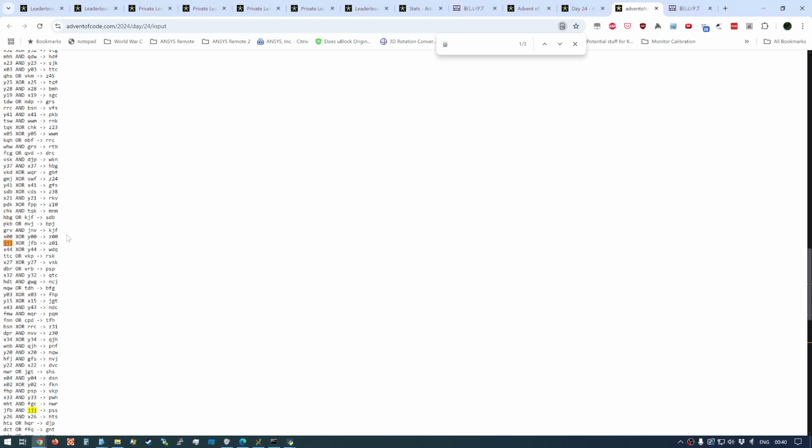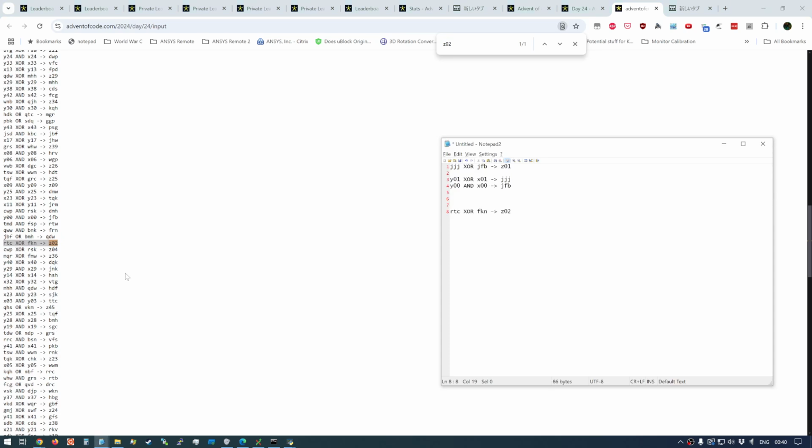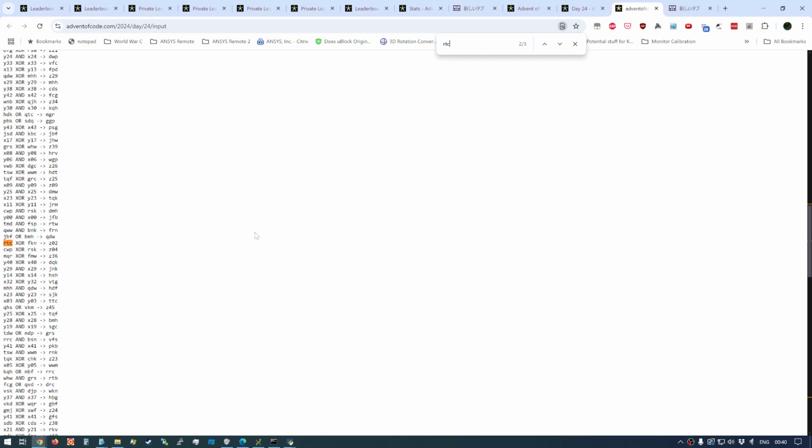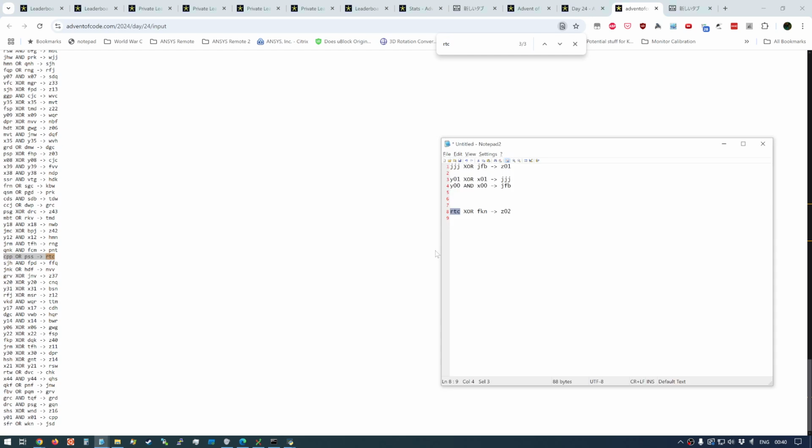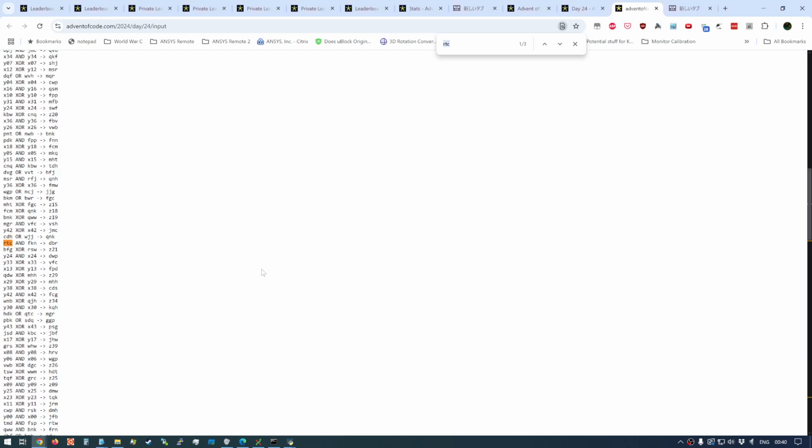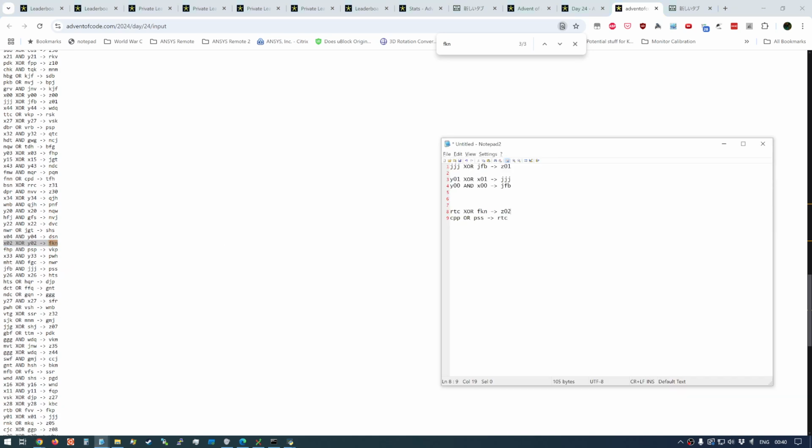What I should be looking for is Z02, because this is the bit I need to know how this is constructed. Okay, that's fine.